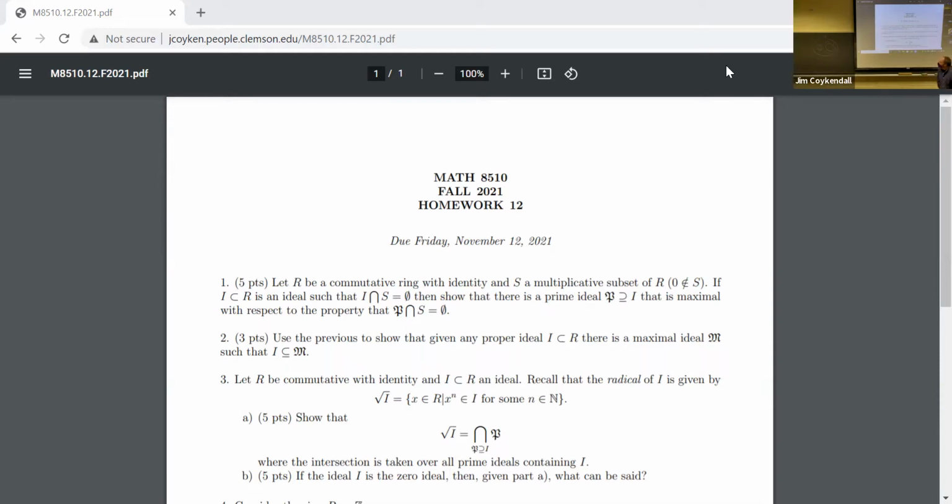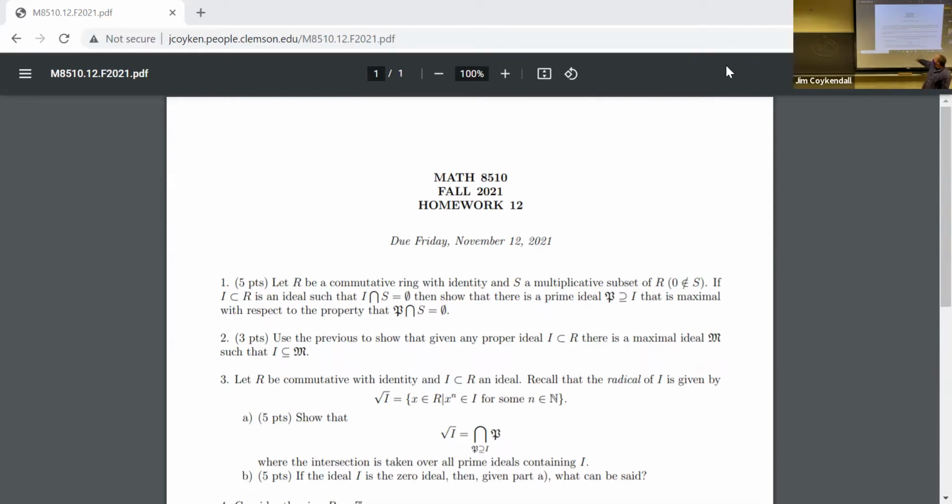So number 3, we talked about the radical of an ideal. Given an ideal I, the radical is everything in R such that a big enough power of X lands back in I. This is kind of an interesting characterization. Another way to compute the radical of any ideal is to intersect every prime ideal that contains I. So the radical is the intersection of things.